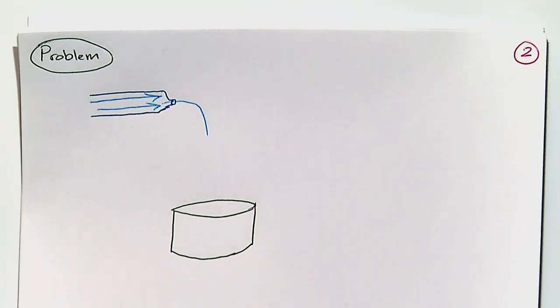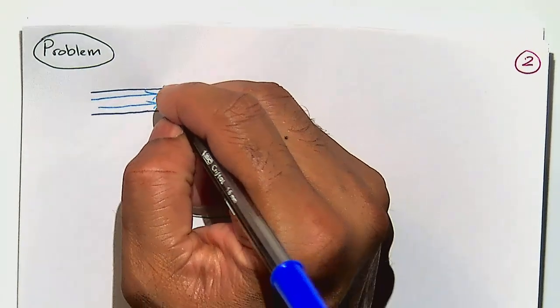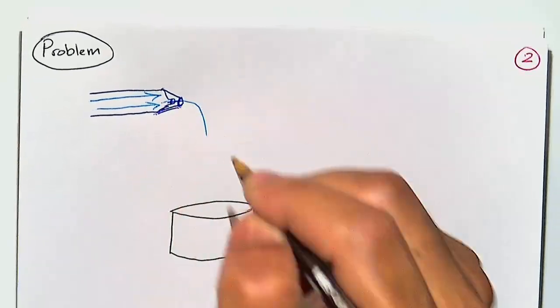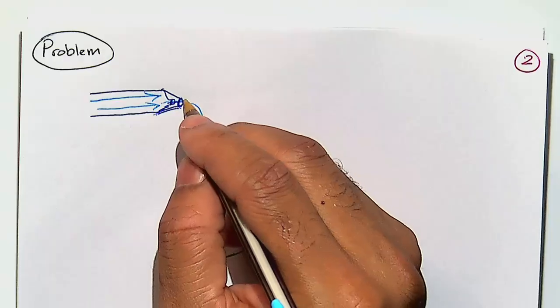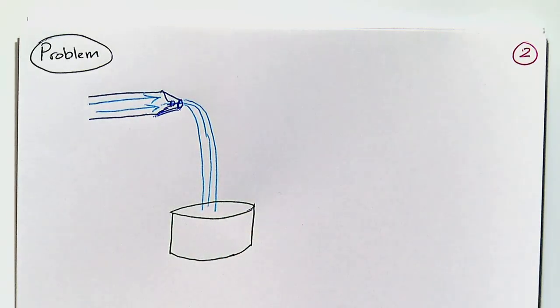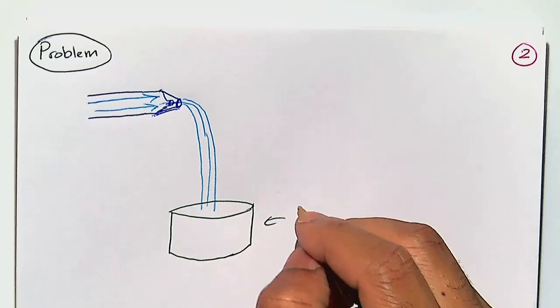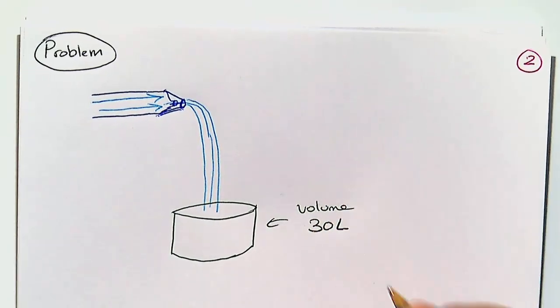Maybe you're doing some gardening, and you're trying to fill this bucket with water. So here's the water flowing down from the pipe. We know that the volume of this bucket is 30 liters.